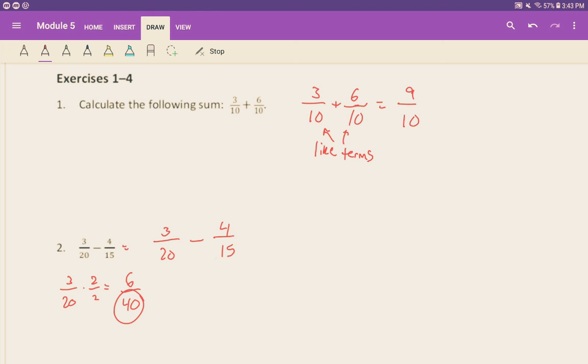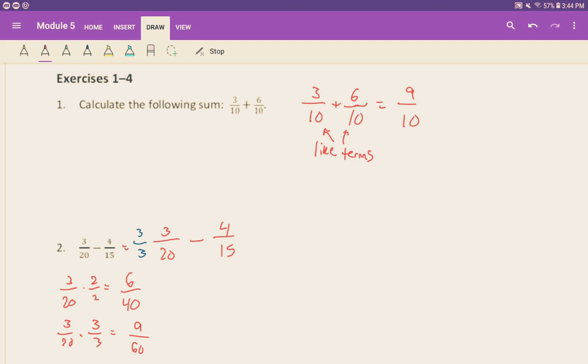But 40 still does not compare to 15. But if we do 3 over 20 times 3 over 3, we'll get 9 over 60. And that's what we're going to do, because we can multiply 15 to become 60 as well.